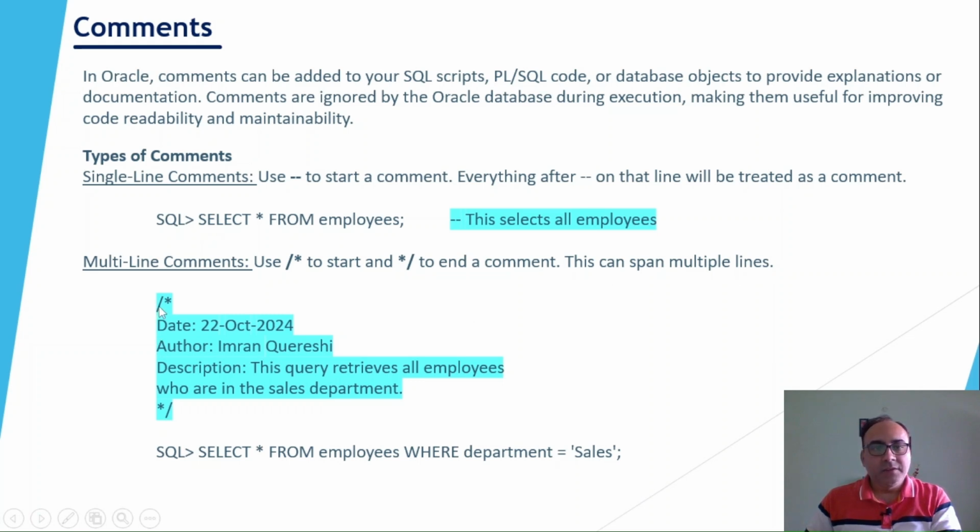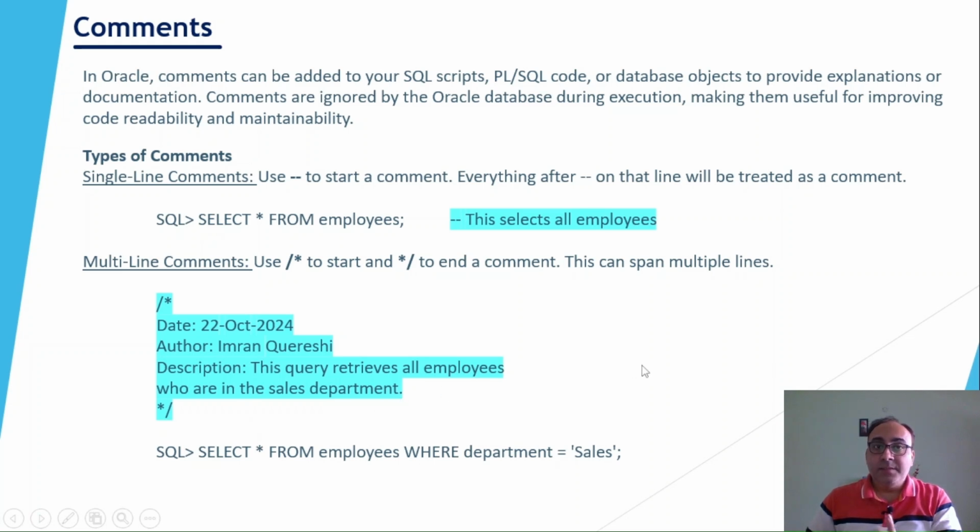Here we are starting our comment. Within the comment we have mentioned the date, author, and description of that particular program, and then we have ended the comment. This is our query: select star from employees where department is equal to sales. It retrieves all employees who are in the sales department.